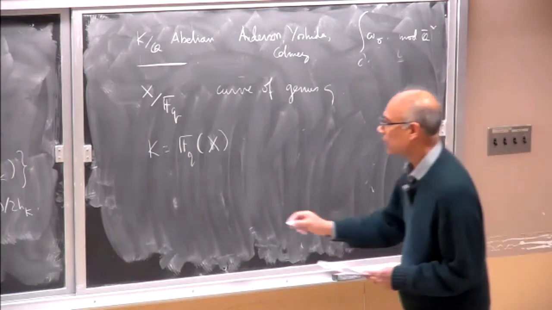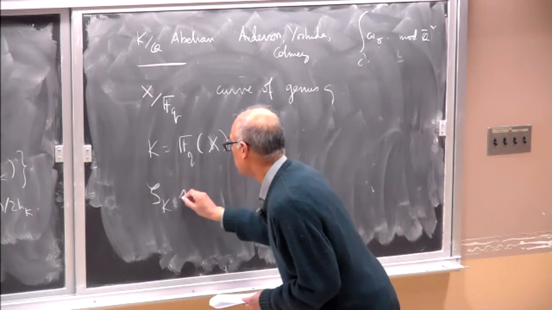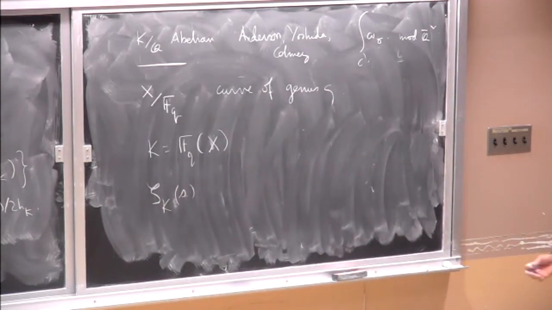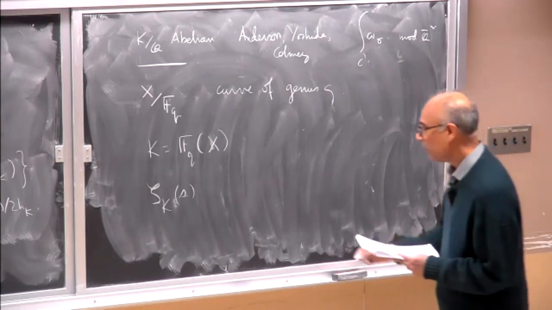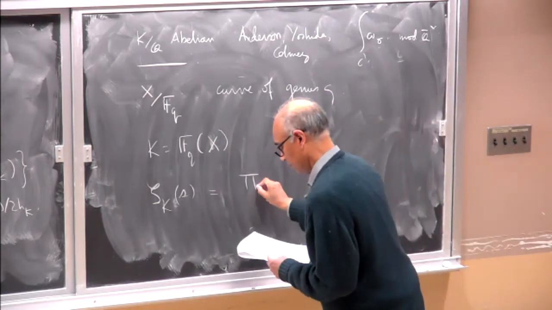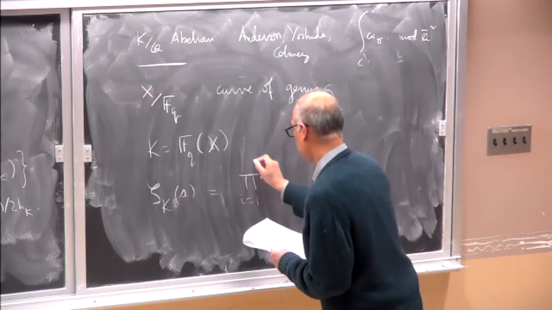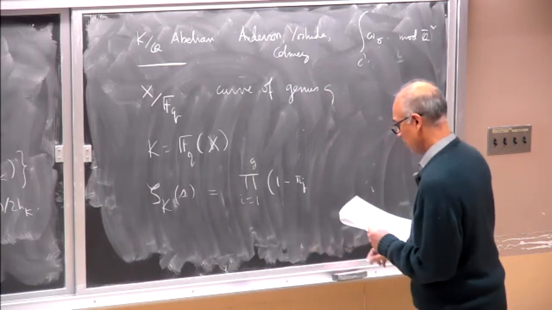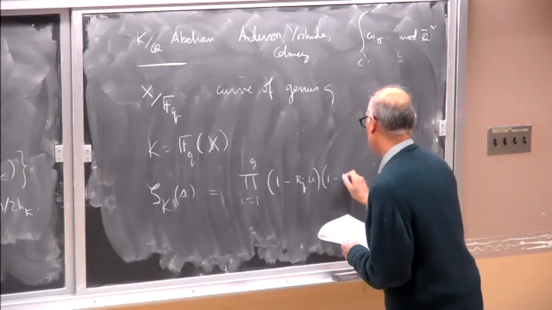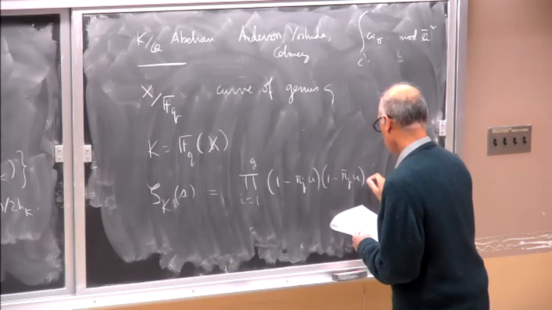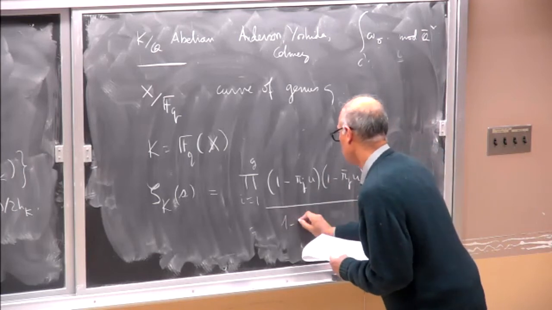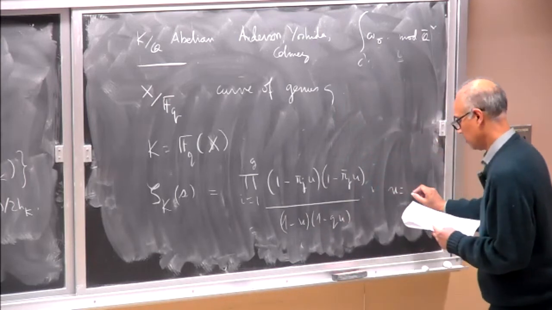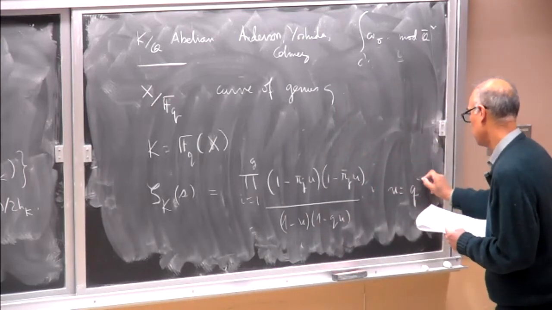Now, just like in the number field case, one has a zeta function. But the nice thing about the zeta function in the function field case is that it's a rational function. And you can write down what it is. It looks like this. It's a product, i equals 1 to g, of (1 minus pi_i u)(1 minus pi_i bar u), over (1 minus u)(1 minus qu), and u here is q to the minus s.